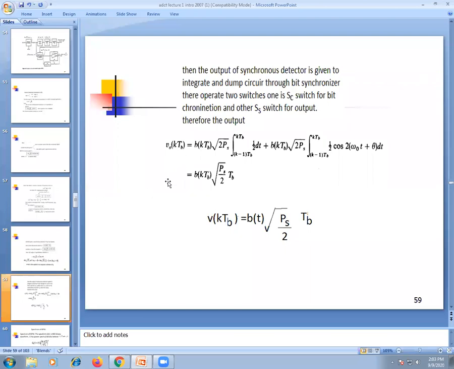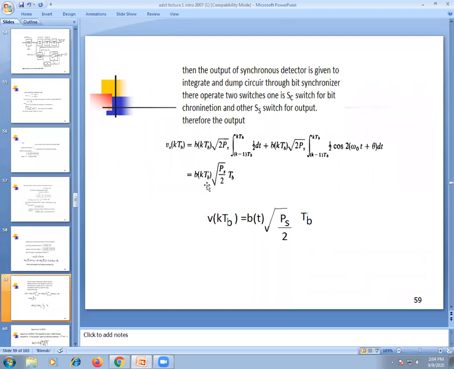This is integrated from (k−1)Tb to kTb. This is the integrate and dump part: one half b(kTb) root 2PS integrated, plus one half cos(2ω0 t + 2θ). Here b(t) root 2PS cos square ω0 t is split up using the mathematical identity for cos square θ, and then you can get the integral.